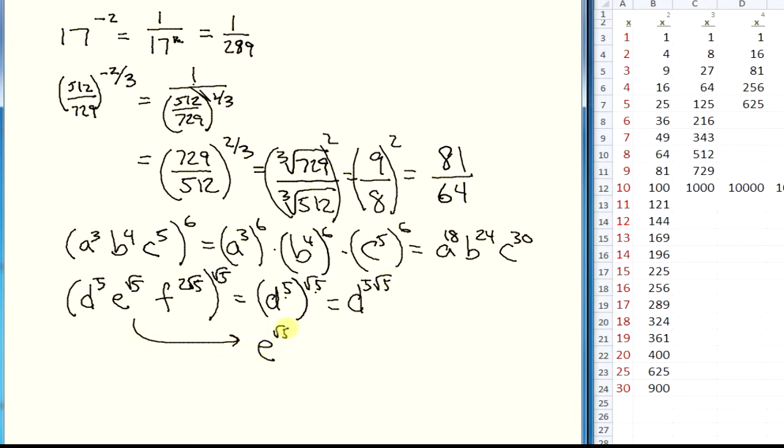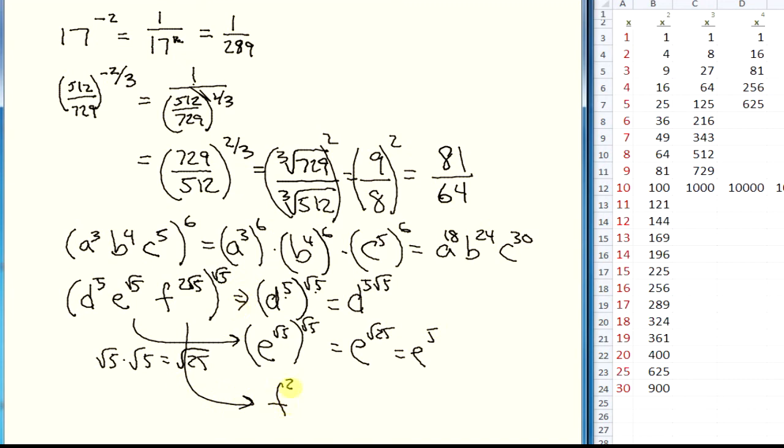On the other hand, if I do this piece and I say e is raised to the radical 5, and then I raise this to the radical 5, I am allowed to take my two radicals, multiply them together, I'll do that work over here, and come up with radical 25, which means radical 25 could be rewritten as e to the 5th. If I'm going to do f to the 2 radical 5, and I raise it to the radical 5, I will multiply the exponents together.